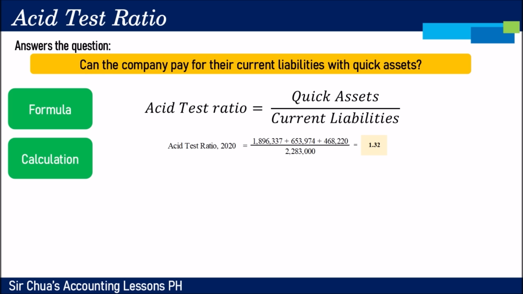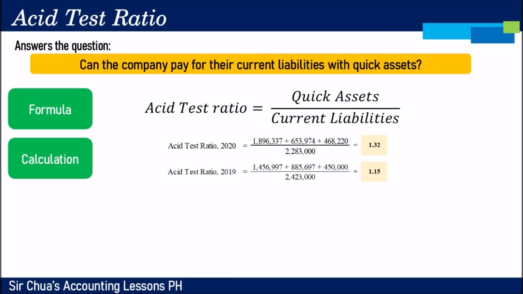Habang sinasabi ko yung numbers, sundan nyo po sa handout yung amounts na sinasabi ko. Okay? And then, for 2019 is 1,456,997 plus 885,697 plus 450,000 divided by your current liabilities for 2019 of 2,423,000. Your acid test ratio for 2019 is 1.15.